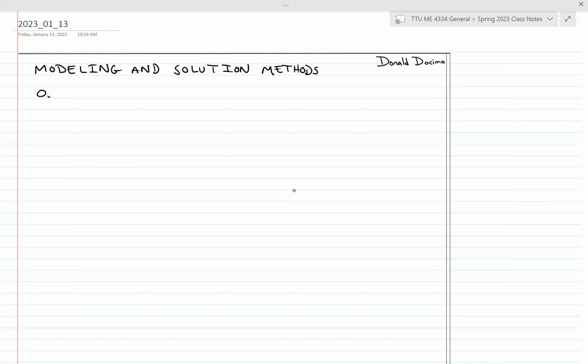So for the next few weeks, what we're going to be focusing on is first, today, Laplace transforms, and if it spills into our first class next week, that's okay. Then we're going to go over transfer functions, block diagrams, and that's really the solution method part of it.